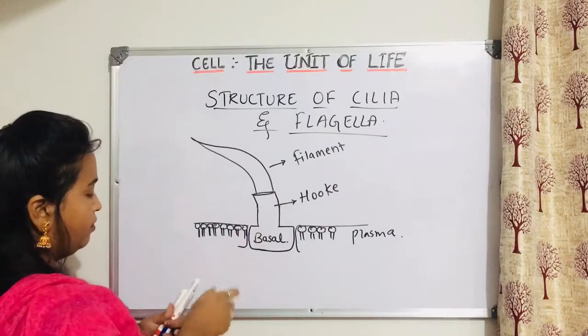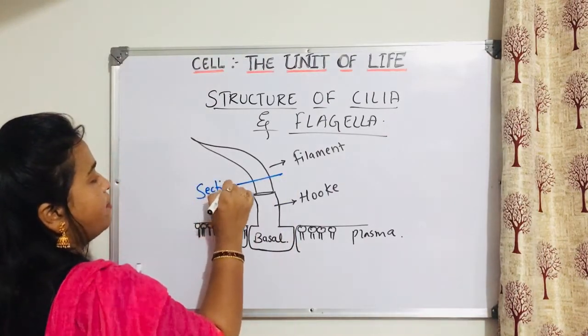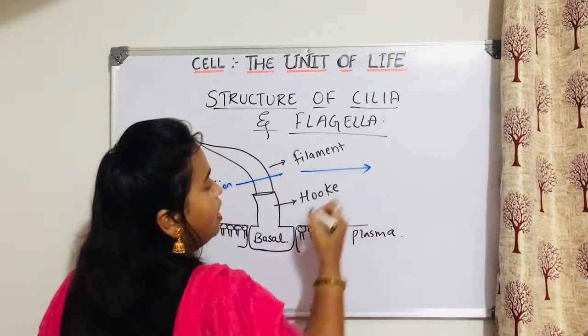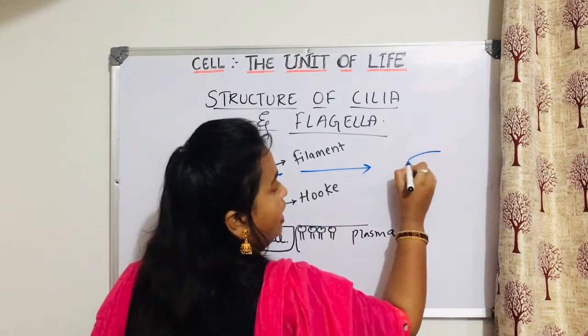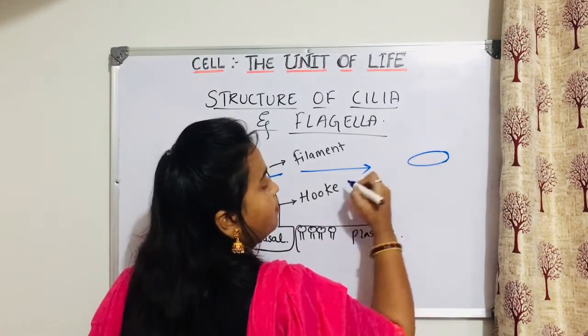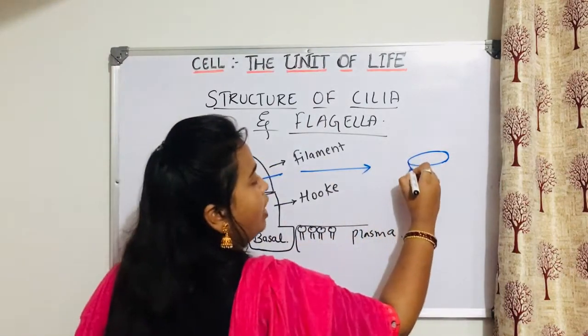Now if I take a cross section anywhere from here till the hook, and show you how it looks, it looks somewhat like this.